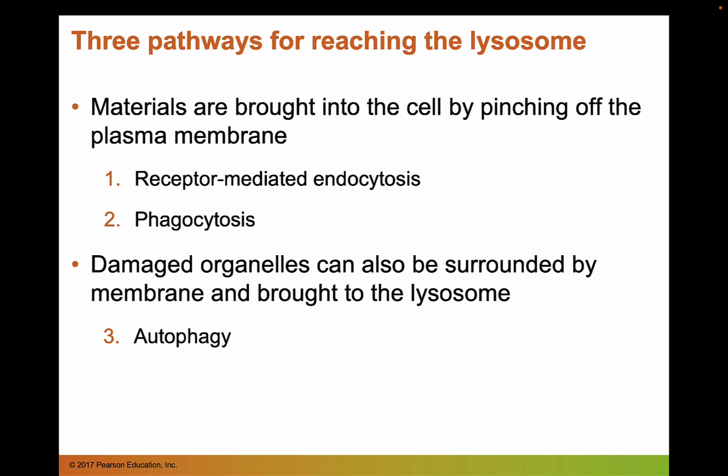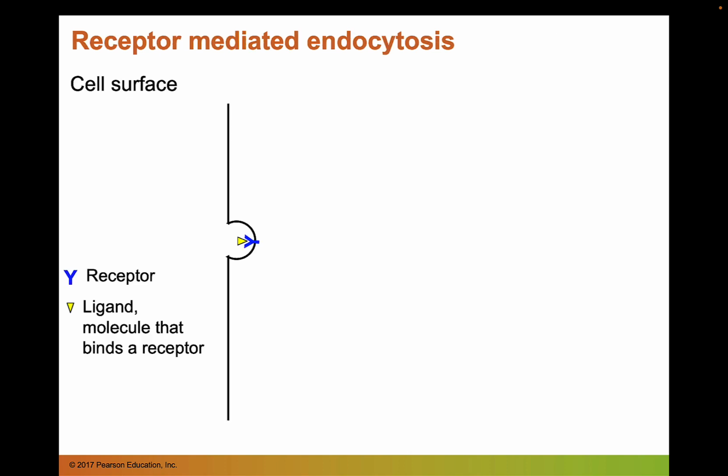And there can also be ways to remove damaged organelles. In this case, these organelles are surrounded by a new membrane that forms around that damaged organelle, and then they're fused with the lysosome, and this process is called autophagy. These are just a few pathways that exist that bring material to the lysosome, so these are the ones we're talking about today, but there are more.